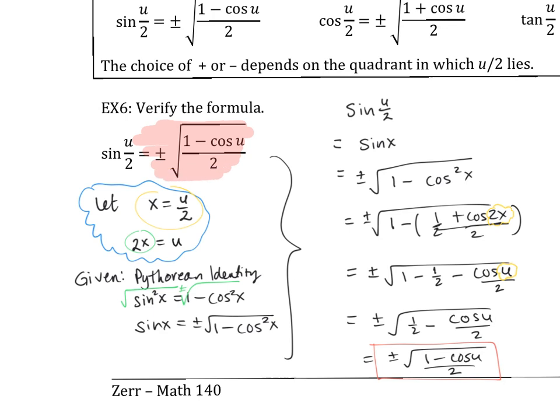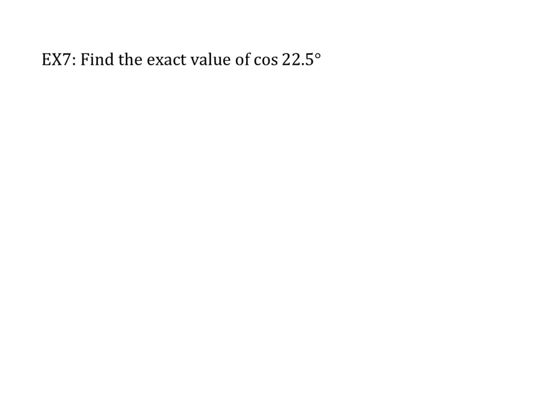All right, so now we can actually go through and use it. We're going to try and figure out an exact value for cosine of 22.5. Let's remember that cosine of half an angle is equal to positive or negative square root of 1 plus cosine of double that number, so cosine of u, all over 2.